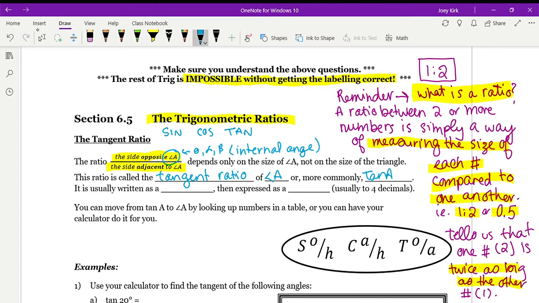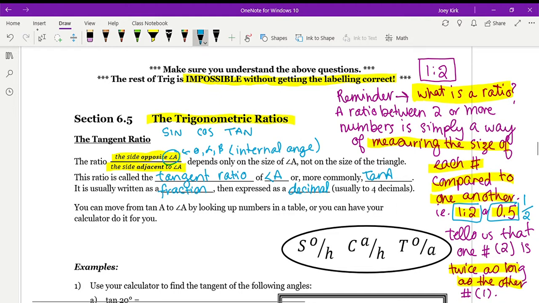And we usually write it as a fraction, okay? So ratios can be written 3 ways. I wrote over here the ratio way and the decimal way. But the other way we could have written that is 1/2, okay? So that's the fraction way. And then we express it as a decimal, which you guys have seen, usually to 4 decimal places, okay?